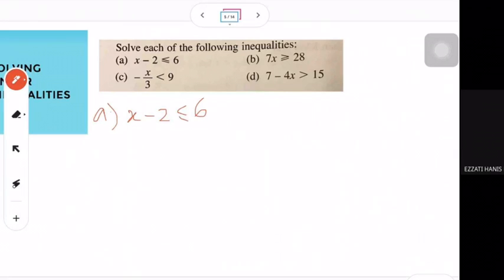Okay, then x is less than, apa kita buat dengan 2? Negative minus 2 kita buat apa? Tambah 2. So because the operation is plus 2, you add 2. Your symbol here doesn't change. It remain. So x is less than or equals to 8.